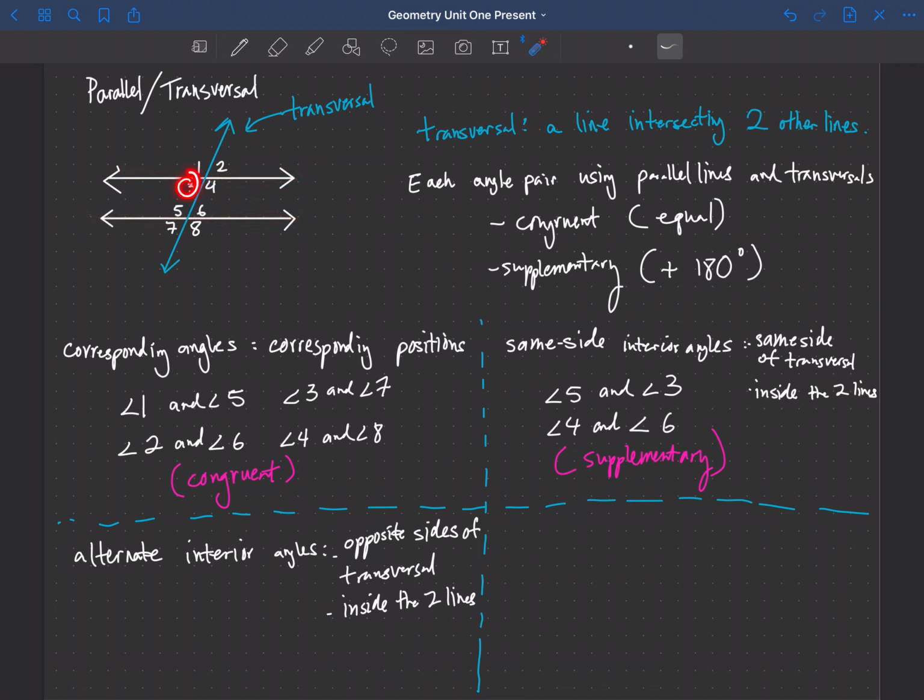So 3 and 6, 5 and 4. Now alternate interior angles are always congruent.